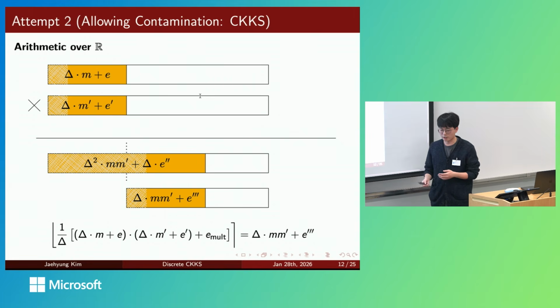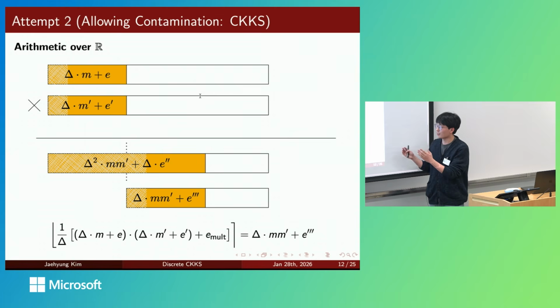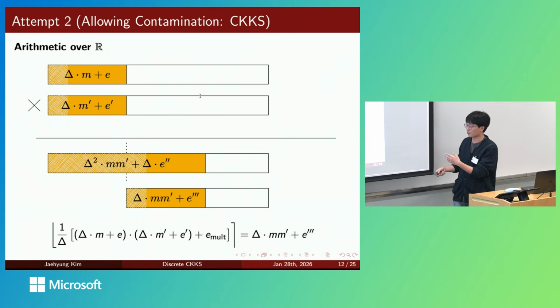And if you think of usual floating point or fixed point arithmetic in the plaintext world, where it's not the encrypted world, then you already have some kind of error. So in some sense this is acceptable, and this paradigm is just living with the error.